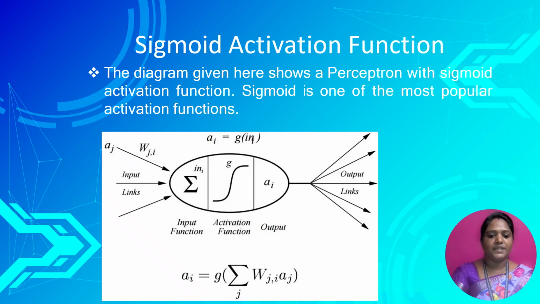Then it is compared with the targeted output; if the same, it produces the output, else the weights should be adjusted. The sigmoid activation is represented as ai equals g of the summation over j of Wj,i times aj.